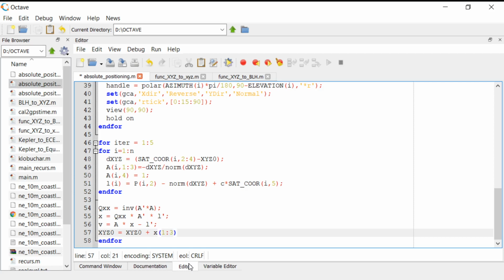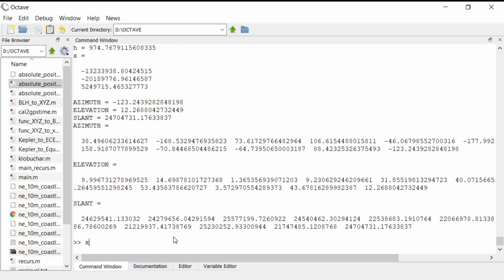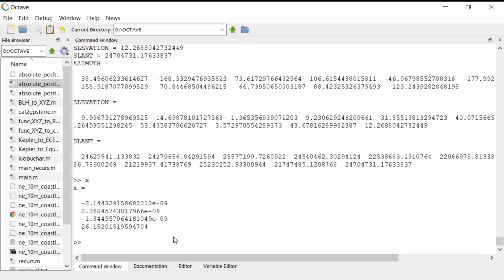You see x is a vector, so xyz0 is again a vector, but it's a row vector, so I must take the transpose of it. Now let's run again. So let's see x. X is so close, x1, x2, and x3. The unit is meter. So it is okay. We are in the region where we can assume that the solution has already converged.